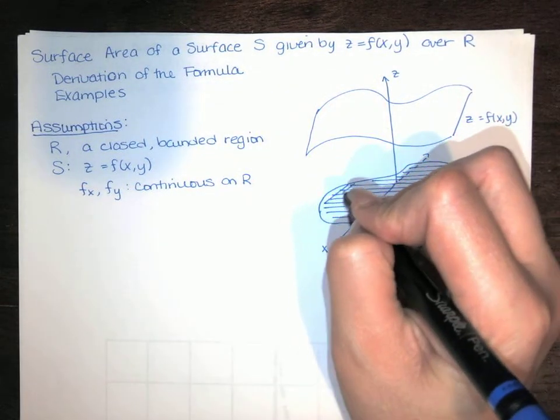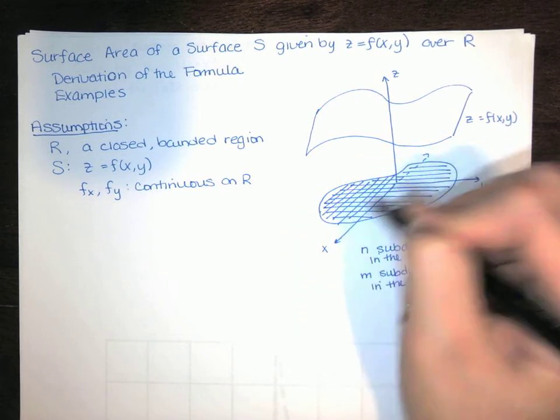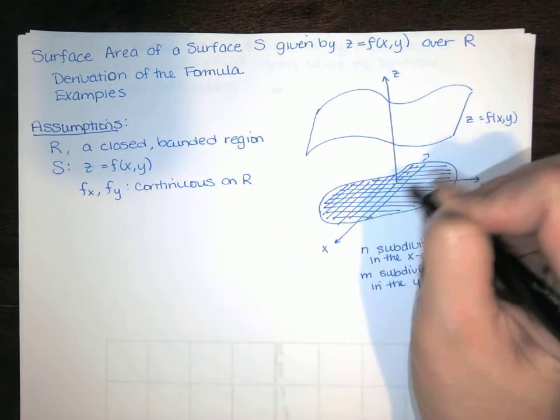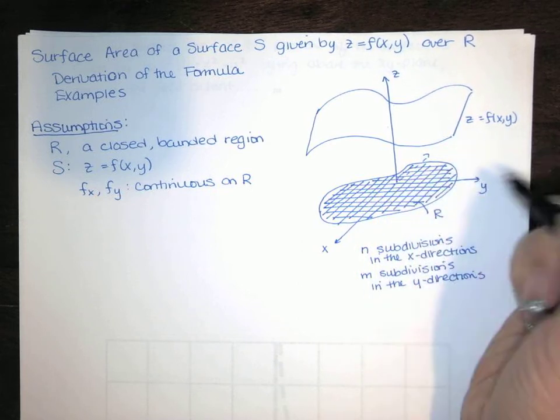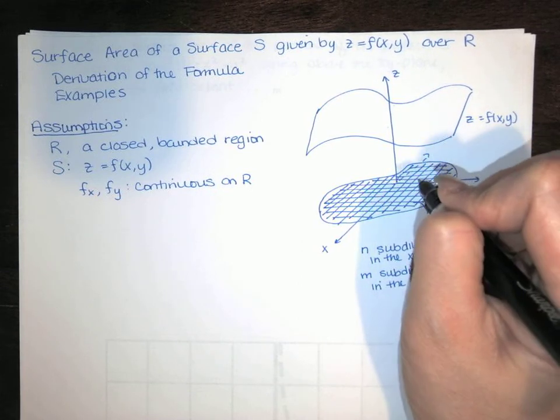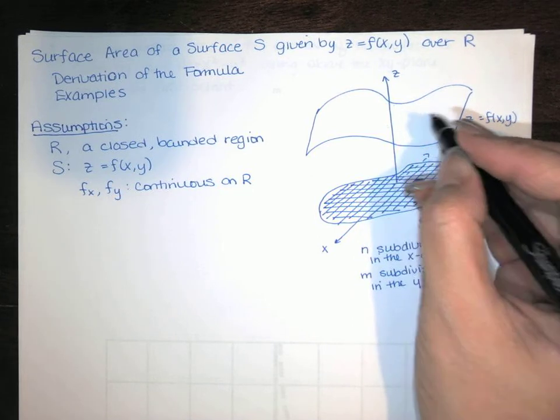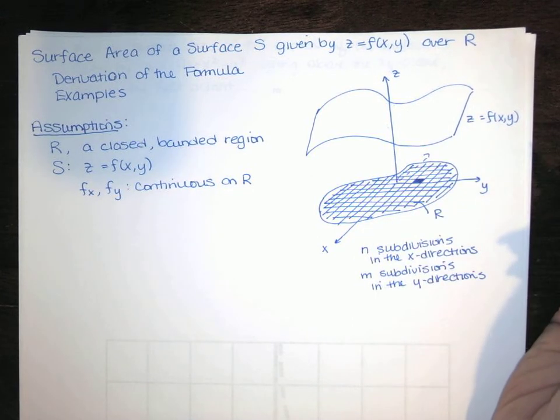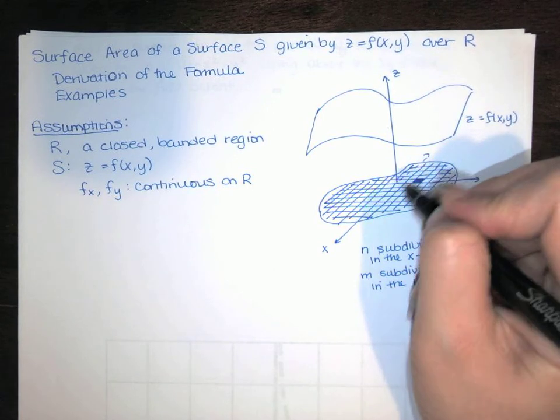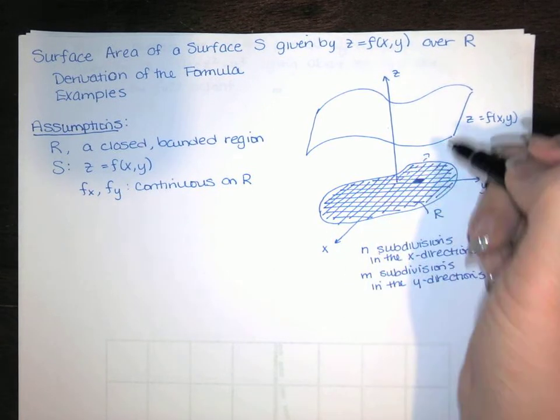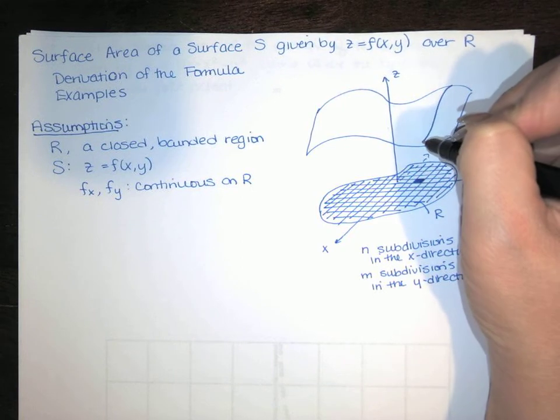And then we'll have m subdivisions in the y direction. And then above each of these little rectangles in the xy plane, we're going to create a parallelogram on the surface. It's basically like taking all of these lines and intersecting them with our surface. So it might look something like this.